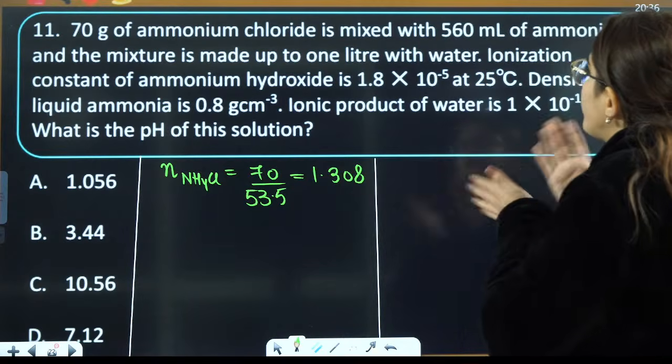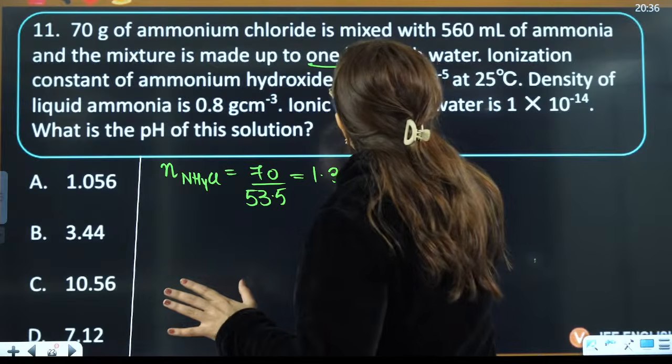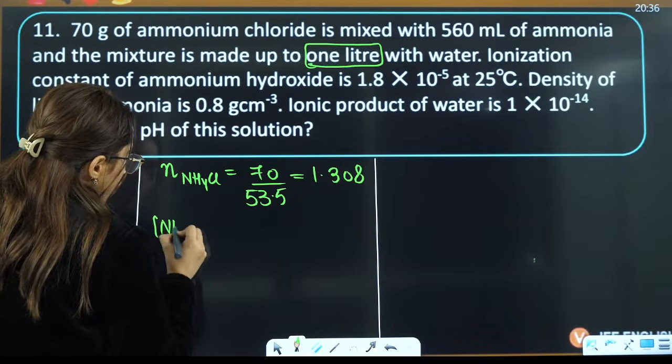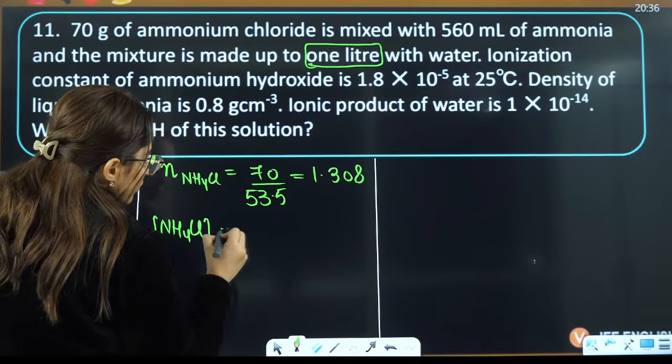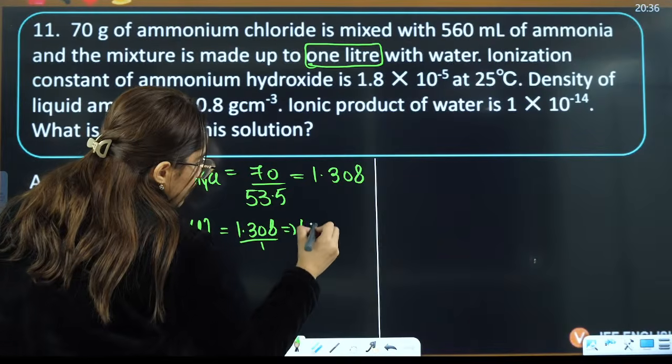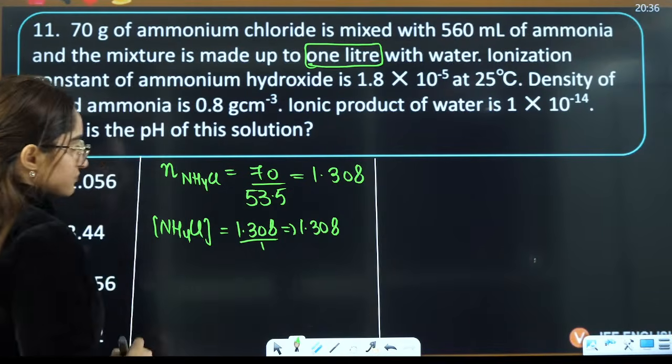Now, they are saying ammonium chloride is mixed with this much ammonia and the mixture is made up to 1 liter. That means the total volume of the mixture is this. So I can say the concentration of ammonium chloride is going to be 1.308 divided by 1, that is 1.308.